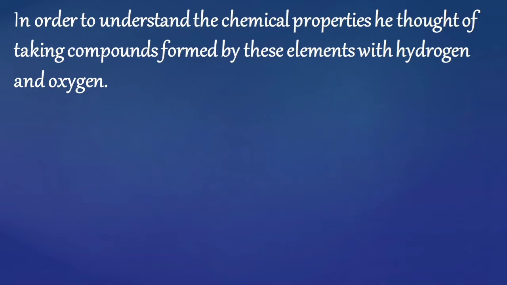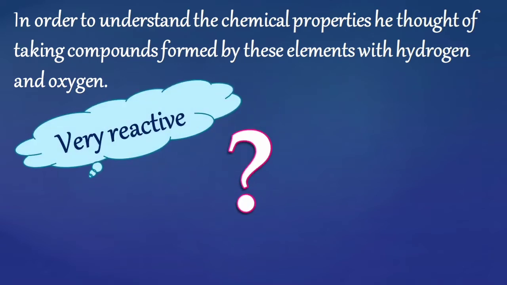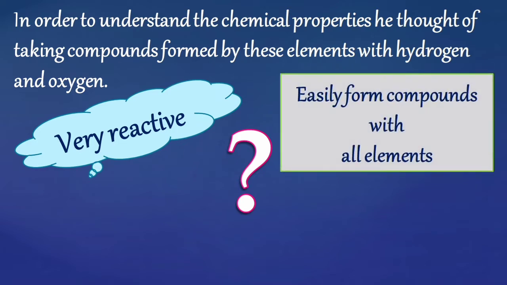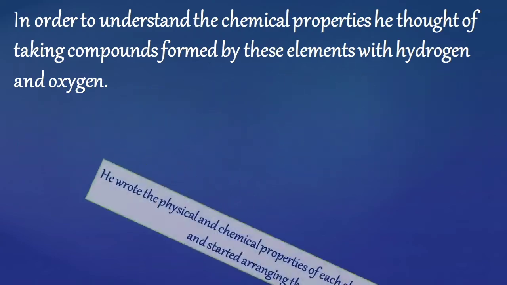Wait a minute, why hydrides and oxides? It was because these two elements are very reactive, and hydrogen and oxygen easily form compounds with all the elements. He started to note down the physical and chemical properties of each element on separate cards.